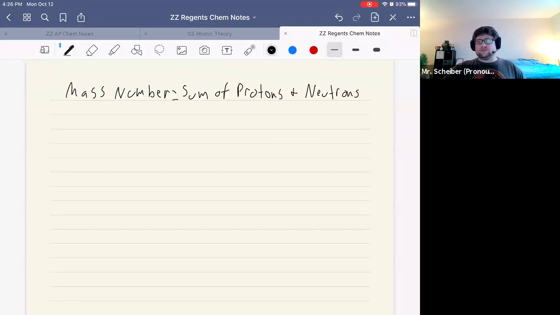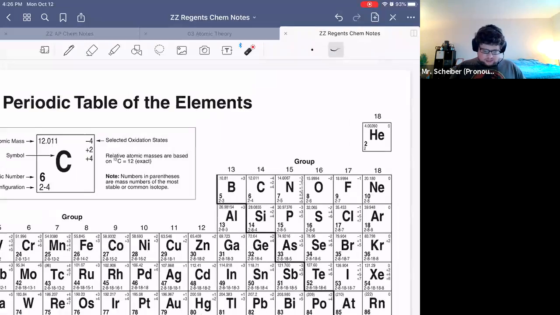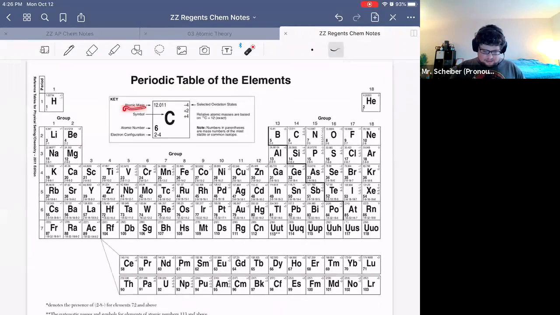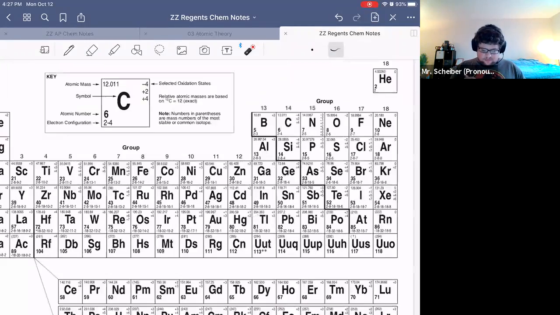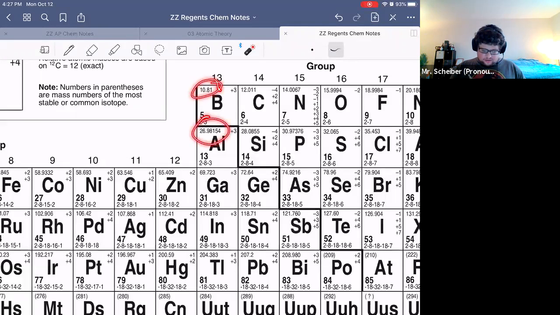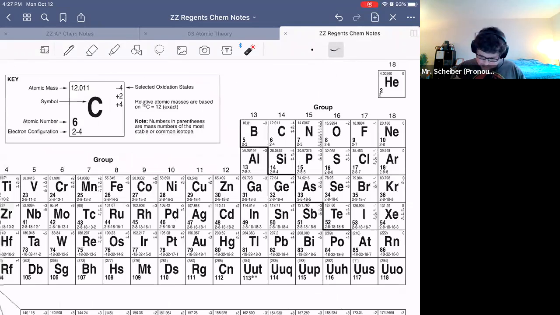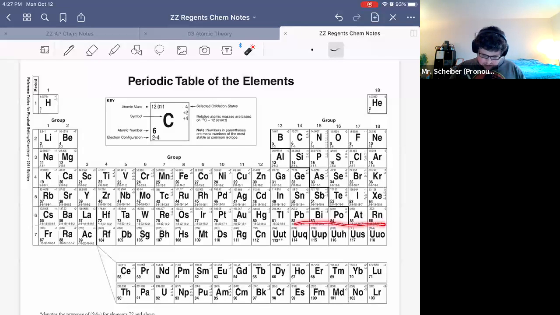So what I want us to do, let's take a look quickly at our periodic table because something weird is going on. Let's look at all of the atomic masses of any of these numbers, right? And if we look at all of them, we will notice that most of these, if not all of them, minus these guys down here, which are weird, right?